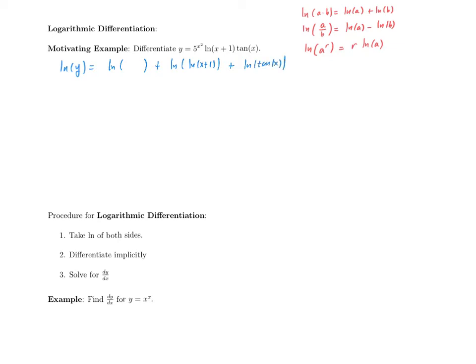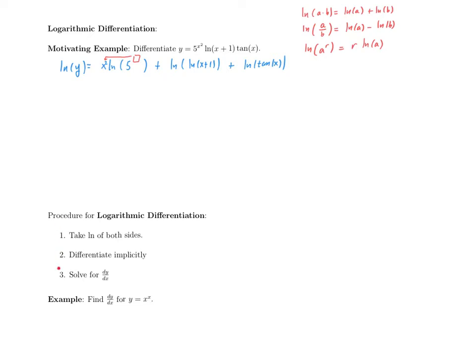And the first term, I'm going to go ahead and note we have 5 and we're raising it to this power, x squared. Remember, a power inside a natural log can be made a constant out front. So at this point, we've taken a natural log of both sides and we've simplified.